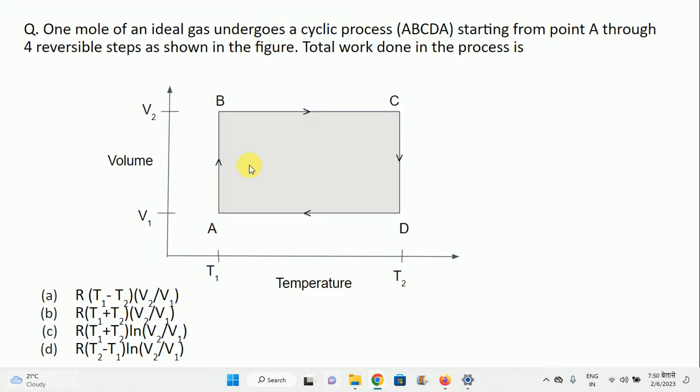So for the first process A to B, V final is V2 and V initial is V1, and going from C to D, V final is V1 and V initial is V2.